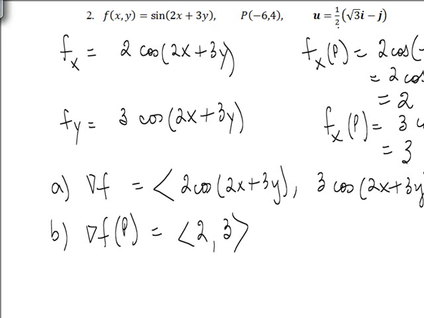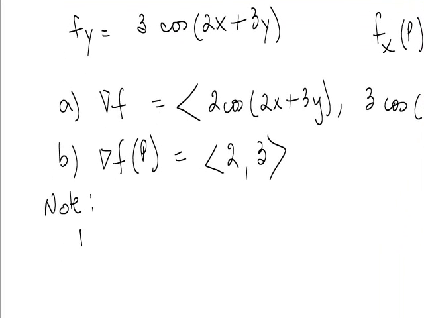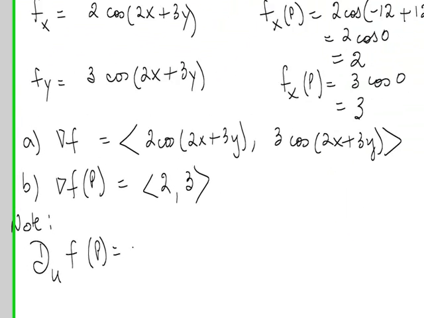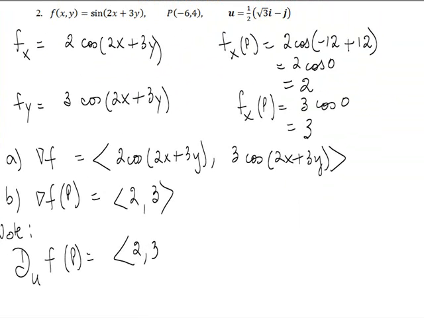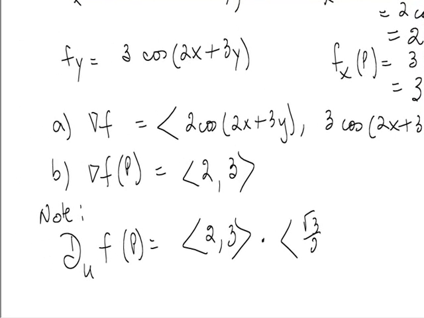So we don't have to find it. So I'll say note the directional derivative in the direction of u of f at P is the gradient 2, 3 dot this unit vector. Square root 3 over 2, minus 1 over 2.